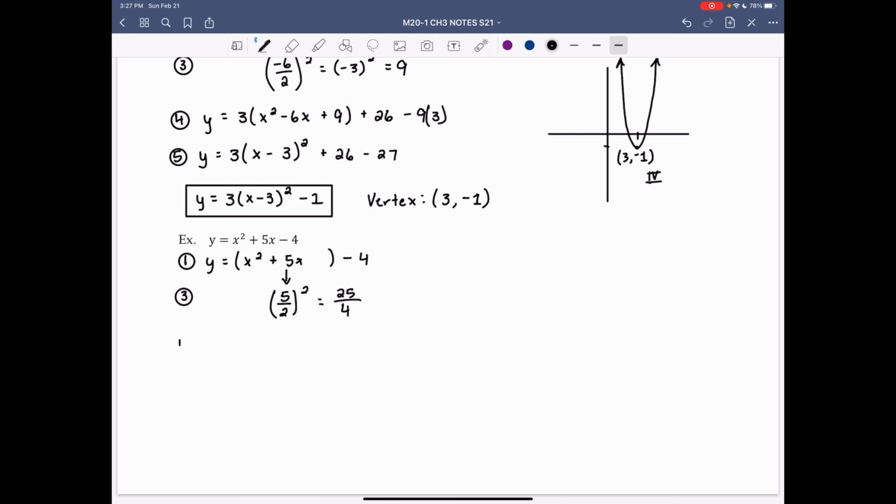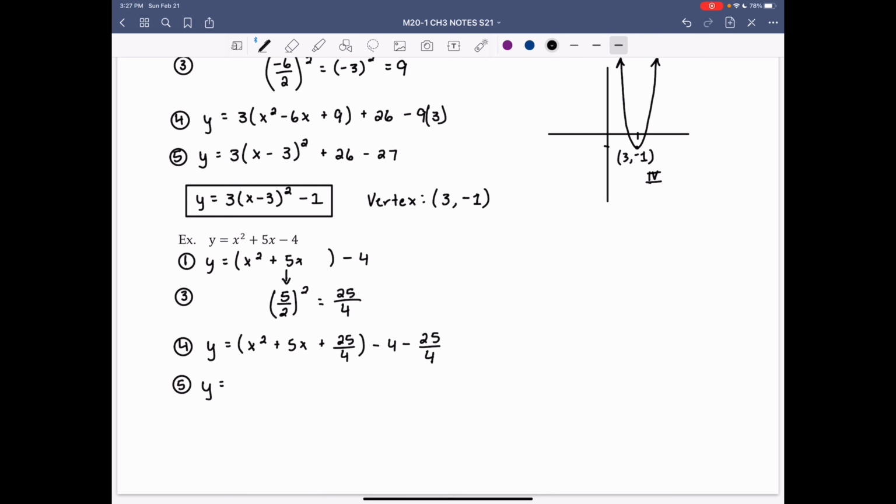Step 4, put that number into the function, y equals bracket x squared plus 5x plus 25 over 4, close bracket, minus 4 minus 25 over 4. Step 5, factor the trinomial.